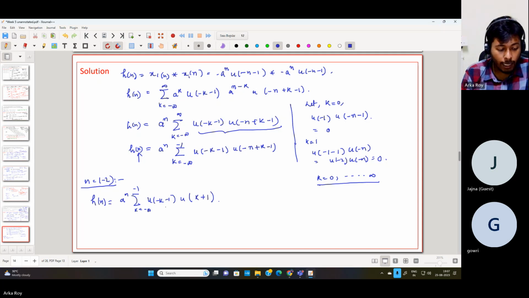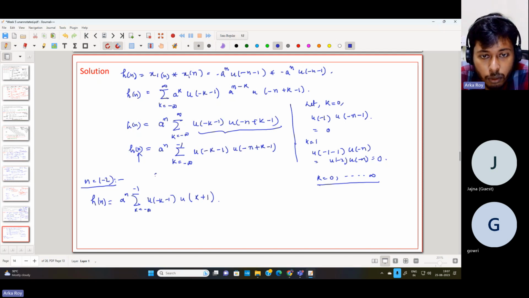So at this particular condition, here also I can reduce the sequence. For example, I will show you another case. For example, k is equal to, let's say, minus 1.